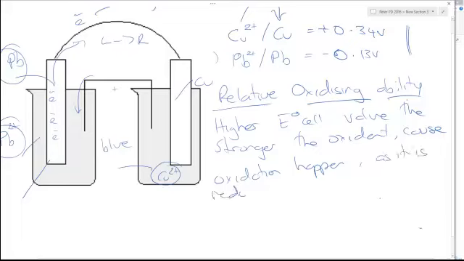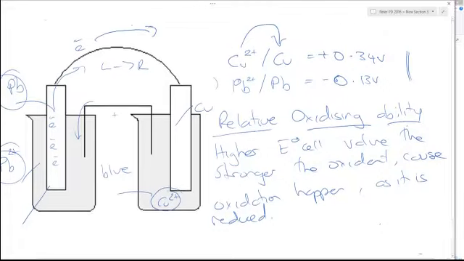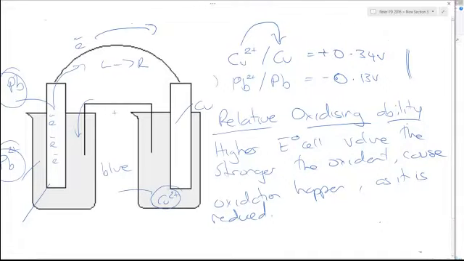So in this case, one of the things you can't really leave out is obviously this is the biggest voltage here, but we can't mention both of these. They can't both be the strongest oxidant. It's the one that's reacting, which is copper 2+, and is it getting reduced to there.